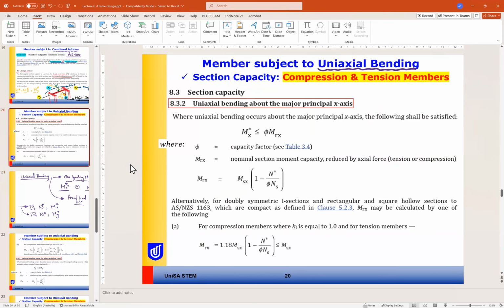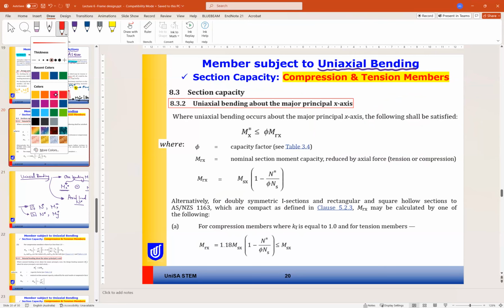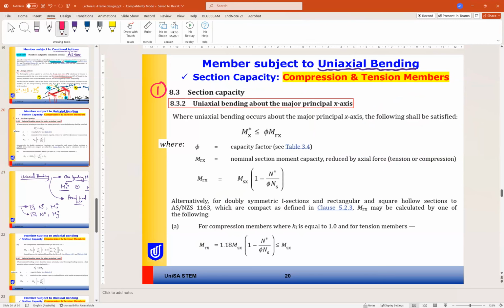The standard will check first the section capacity. So we have to check section capacity under section 8.3. Section 8.3 will check the section capacity. The first case is the uniaxial bending about the major principal axis. In this case, we have N asterisk and M asterisk x.